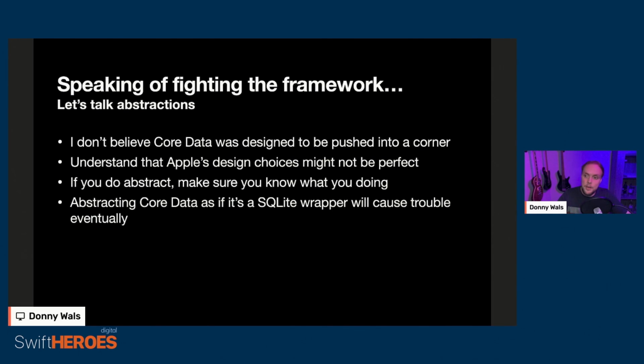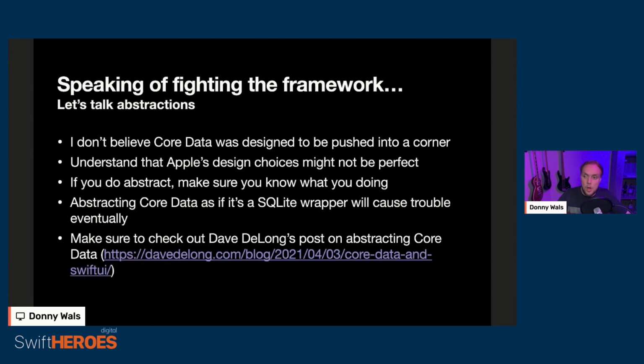As I was preparing this talk, I saw a post, and I thought it was the best one on abstracting Core Data so far. It's written by Dave DeLong. He works at Apple, and he knows a ton about Core Data, and he did some really cool work to abstract Core Data into SwiftUI. So that's really, really cool.